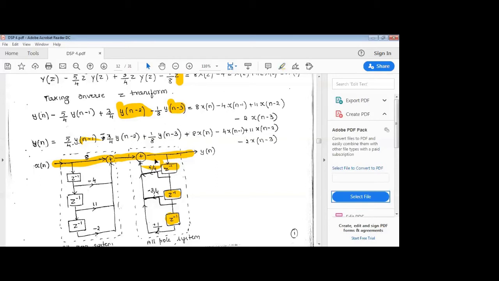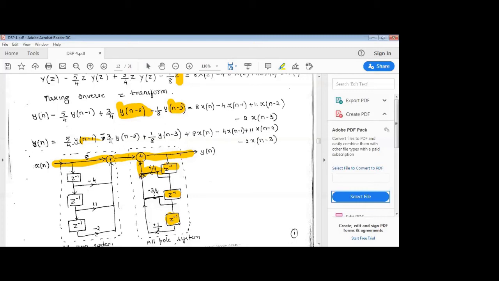So the first step is, with an adder or a summing point, I try to draw this. So we have 5 by 4 into y of n minus 1. I can just add one summing point here. No problem. Combining the first delay element with the second delay element can be done with one more summing point here. I can just add one more summing point here also, no problem.